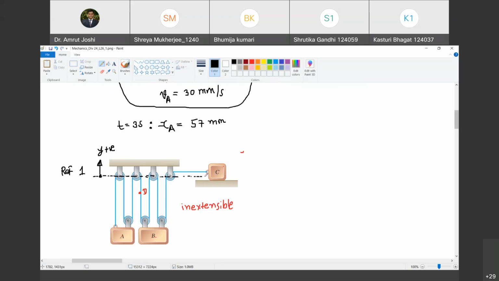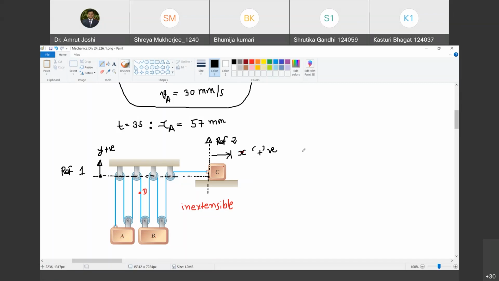So I will define another reference line perpendicular to reference line 1; the best choice would be this, which I will consider as reference line 2. Are you with me? Yes, sir. With reference to this, if I measure x towards right, I am going to call this axis x, and towards right x is positive. Happy? Yes, sir.